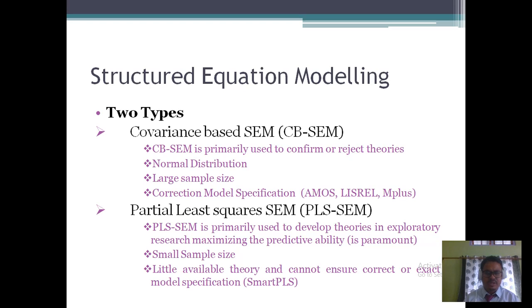Also, in order to use partial least square structural equation modeling, there is no requirement of normality of the data, and it can be carried out with a smaller sample size. Also, this type of structural equation modeling can be used when the researchers have very little available theory or cannot ensure a correct or exact model specification. And this type of structural equation modeling is usually carried out in a software application known as SmartPLS.